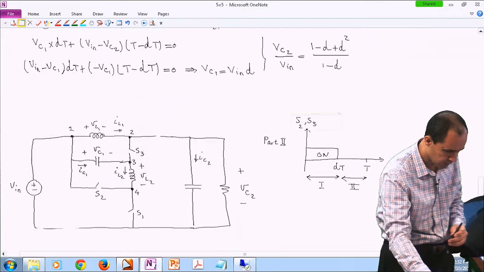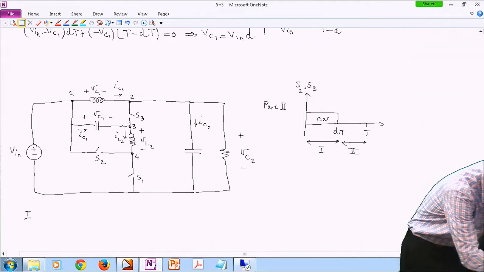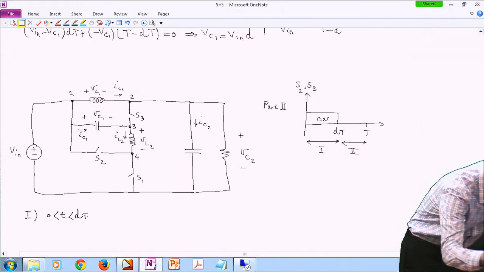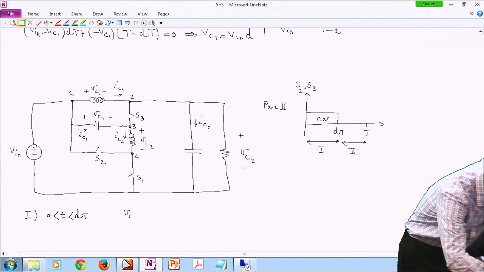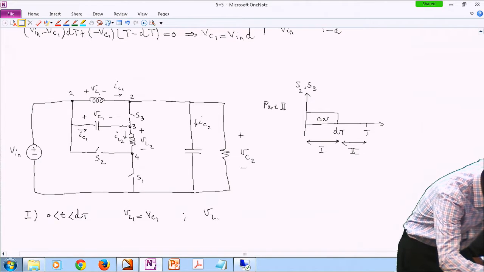And now let's take a look, for instance, in mode 1. First, you identify the duration of your mode. VL1 turns out to be VC1, and VL2 turns out to be negative VC1.